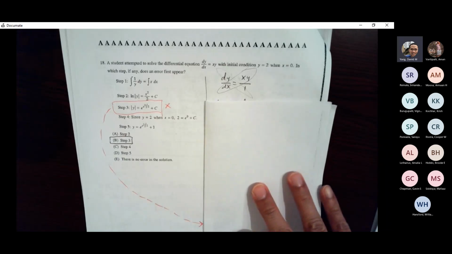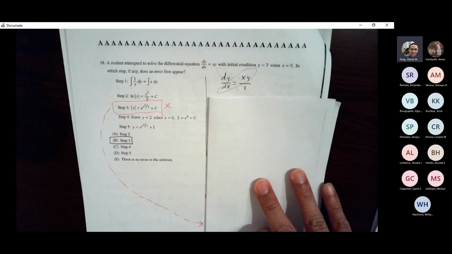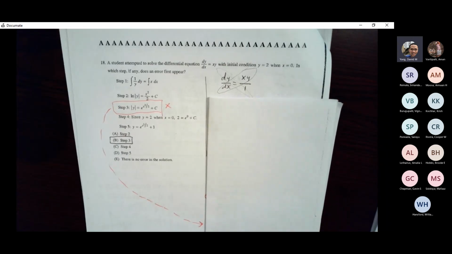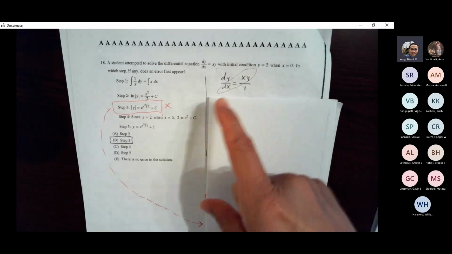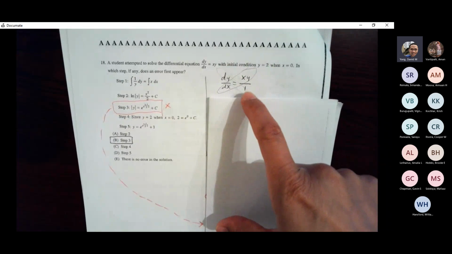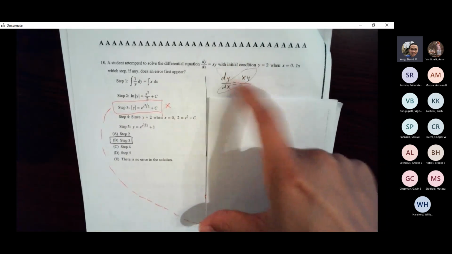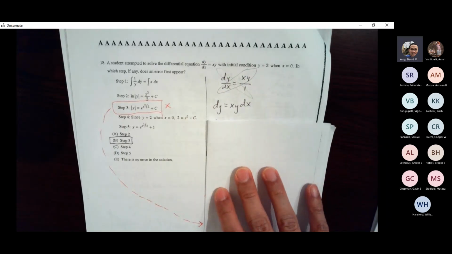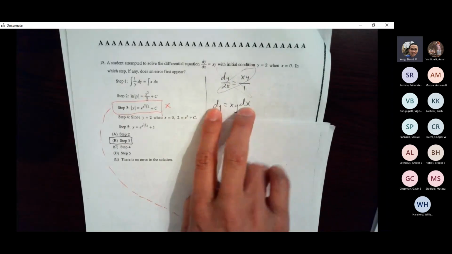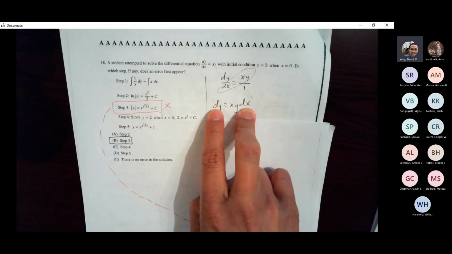I like to start off when I solve differential equations by forcing both sides to give me a fraction. If I don't see a fraction on the right side, I make it xy over 1. Okay, cross multiply: dy on the left, dx on the right side.